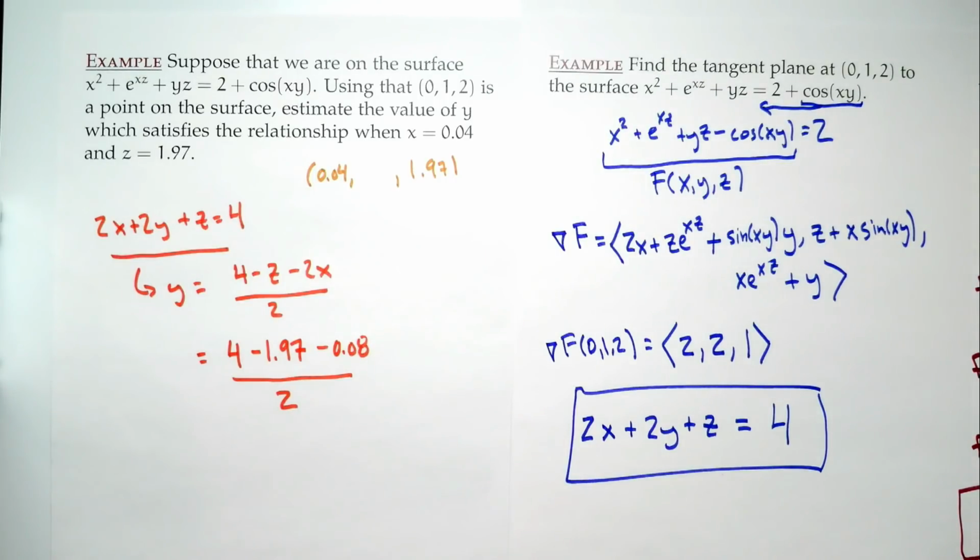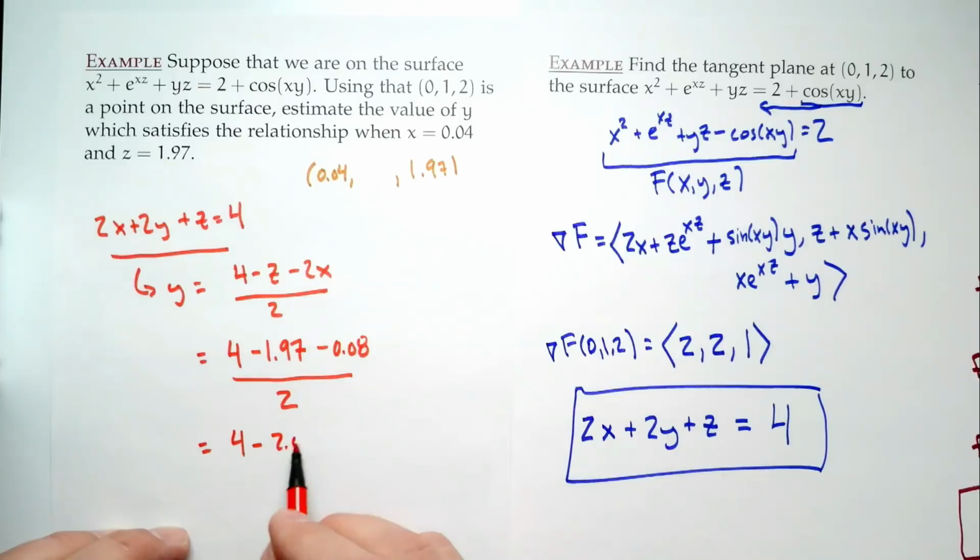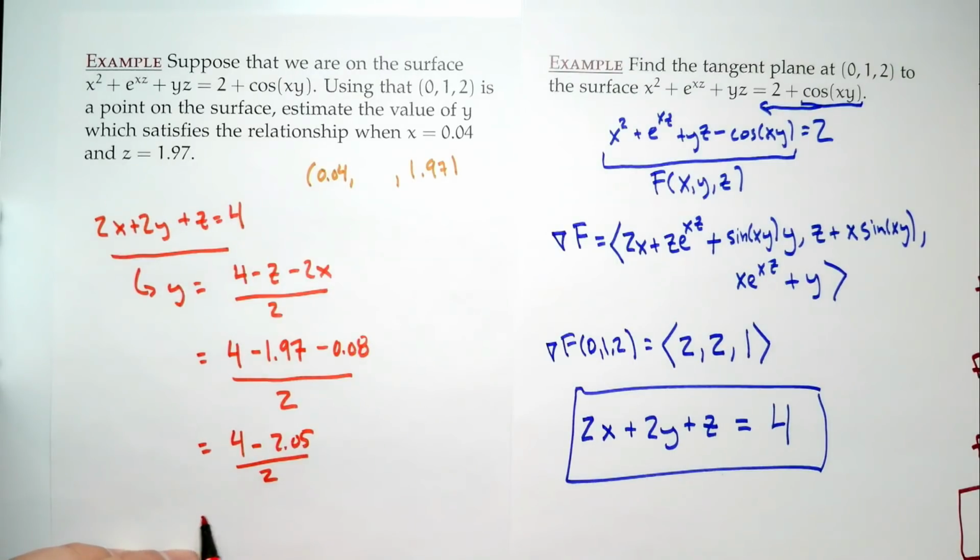It's not so bad. If we look at this and stare at it for a while, it's really 4 minus 2.05, because I can combine those two together. And if I take 4, subtract 2.05, by my computations, you get 1.95.